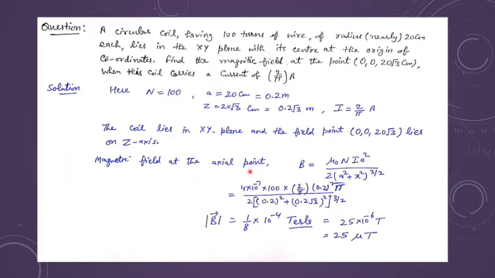Of course, it means the coil is in the xy plane and the point is here on the z-axis. You can use the formula directly, simply multiplying it with the capital N, the number of turns: μ₀NIa² divided by 2(a² + z²) to the power 3/2.